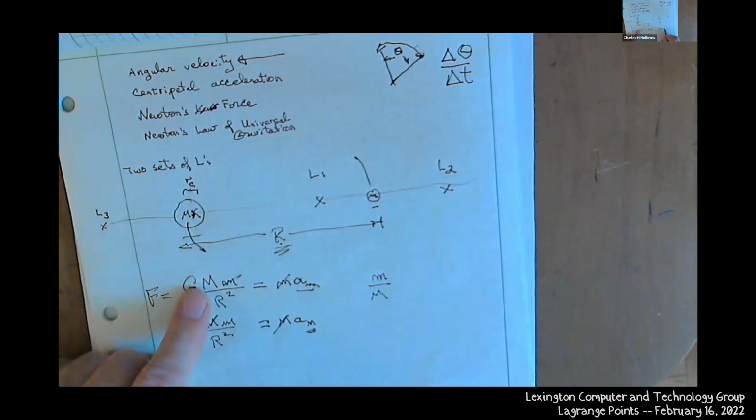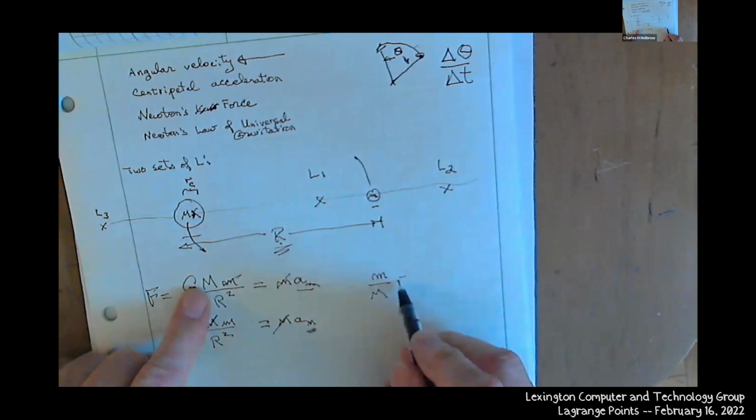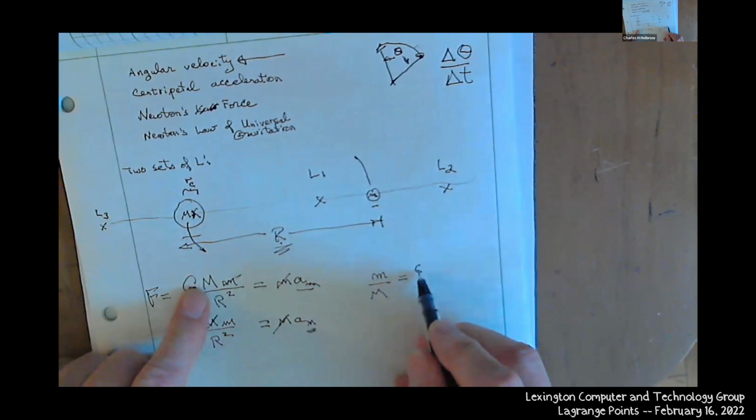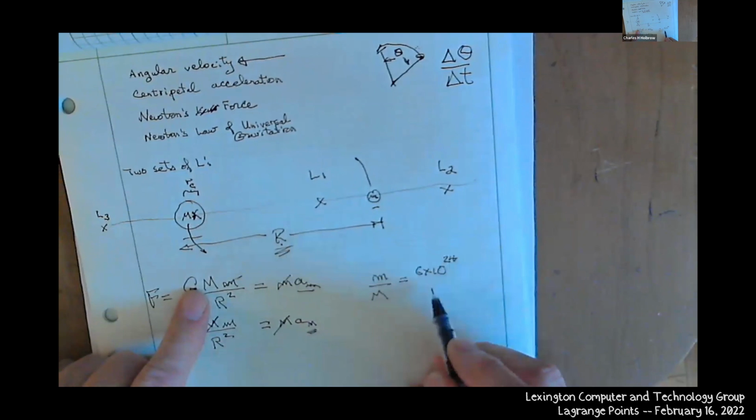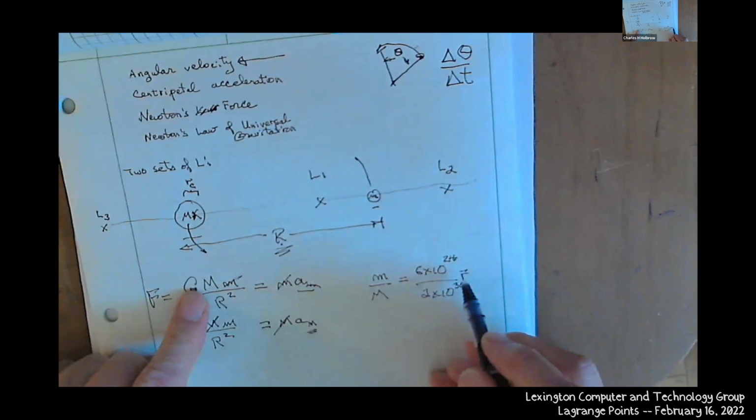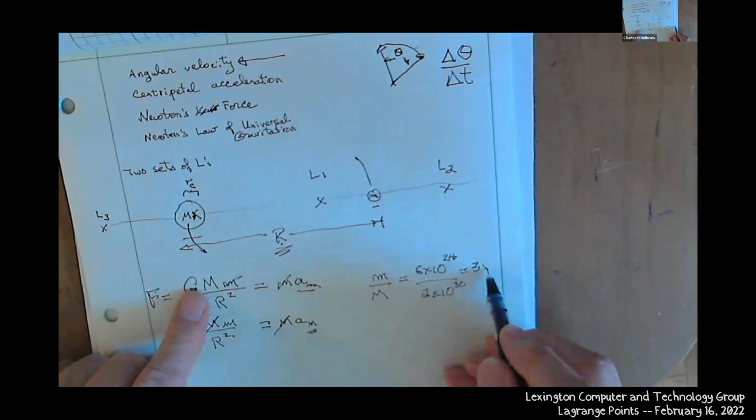The mass of the Earth is 6 times 10 to the 24 kilograms. The mass of the sun is 2 times 10 to the 30. The result is that ratio is 3 times 10 to the minus 6, 3 millionths.